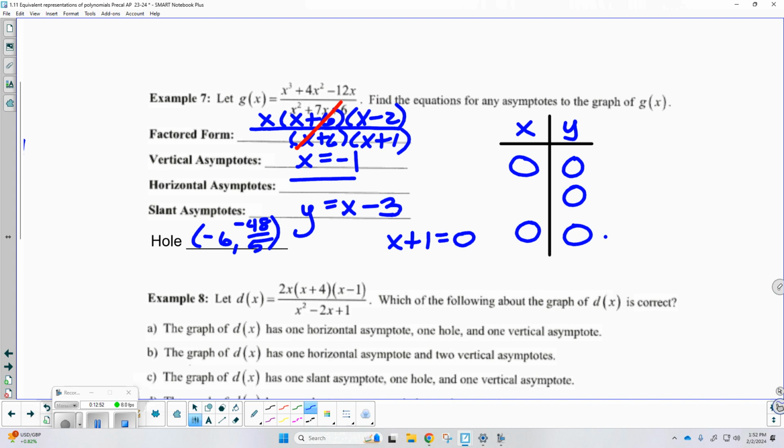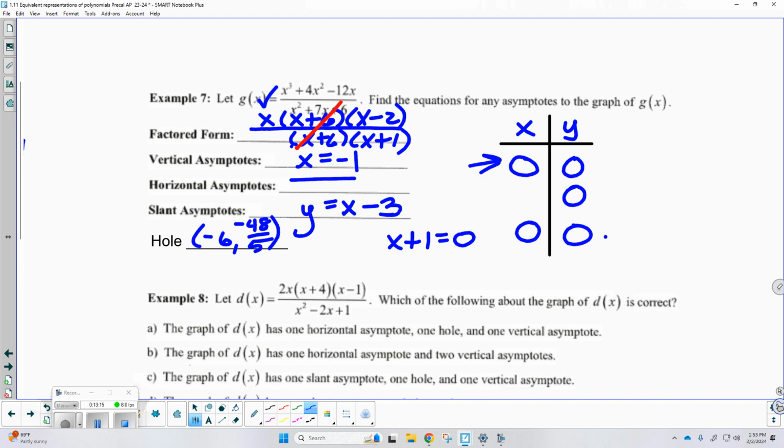All right. And then if x minus 2 equals 0, where's the other x-intercept? Where's my other x-intercept? Because we already took care of this x. It was 0. That gave me that one.